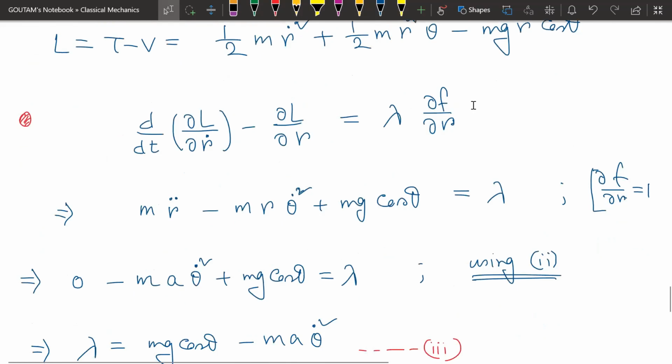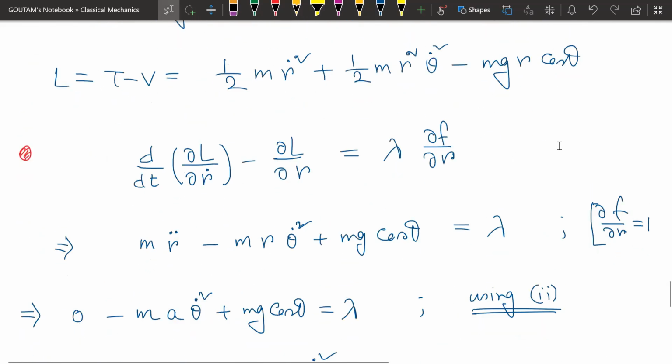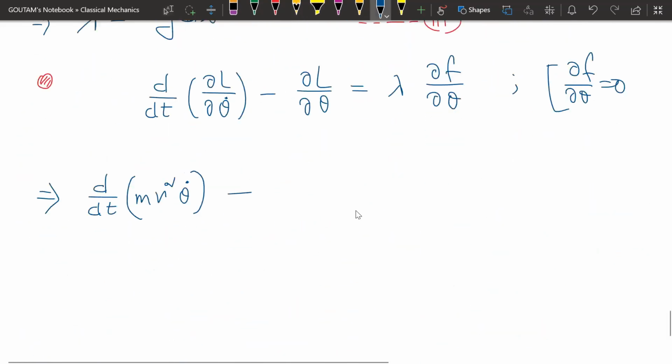So ∂L/∂theta will be mgr sine theta, and here is a minus sign, so it will be minus mgr sine theta equals to 0. That's because ∂f/∂theta is 0.